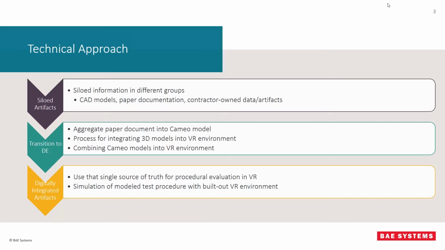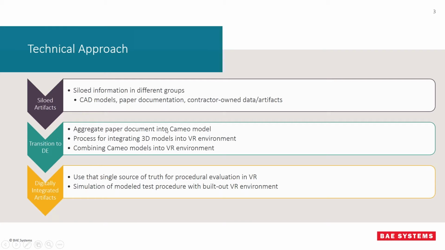One of the problems with such a large customer base is that you run into siloed artifacts. So one of the things we're trying to do with these trainings is to take this siloed information, whether it is CAD models, paper documents, or different contractor-owned artifacts, and transition that into more digital engineering, eventually having digitally integrated artifacts.